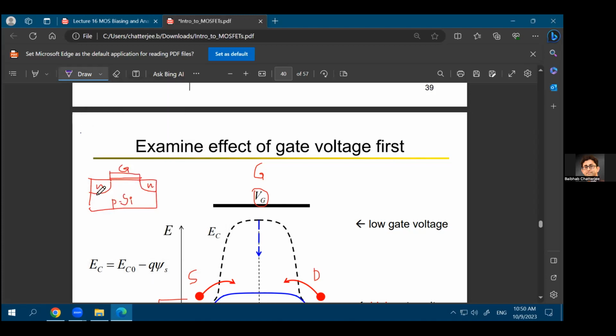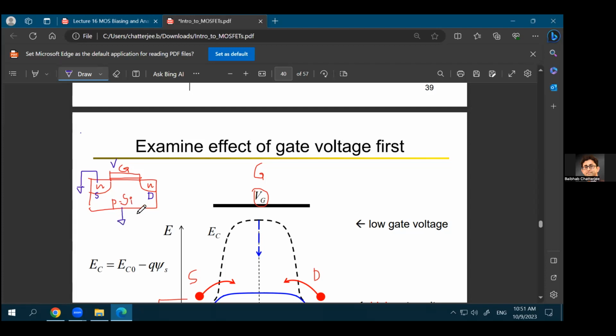Now what we are saying is that we'll ground this source. So let's say the source region is grounded. The gate region is where you'll apply the VG voltage, so you'll have a positive VGS. At the drain, you can also apply a voltage which we haven't discussed yet, but we'll discuss in the next few slides. As you are connecting the source to the ground, you also need to ground this bulk or the body region of the MOSFET.